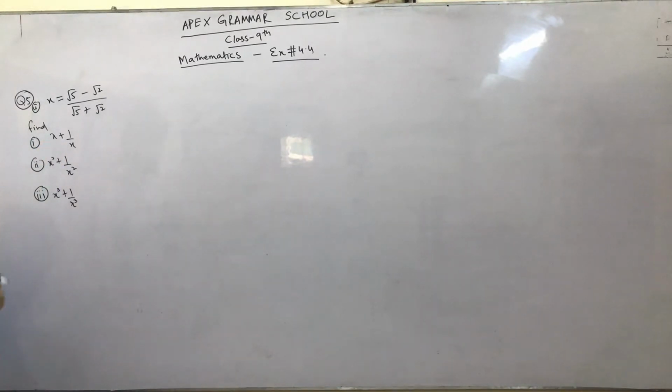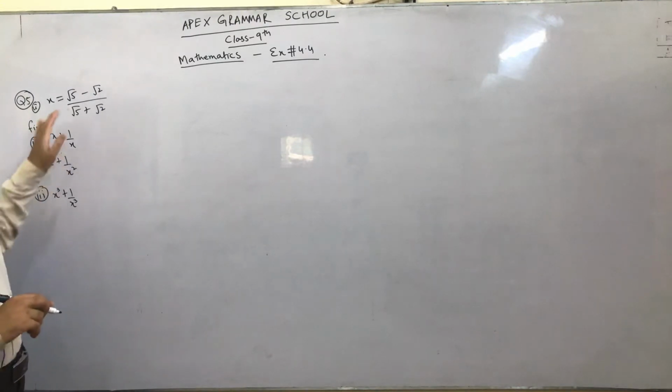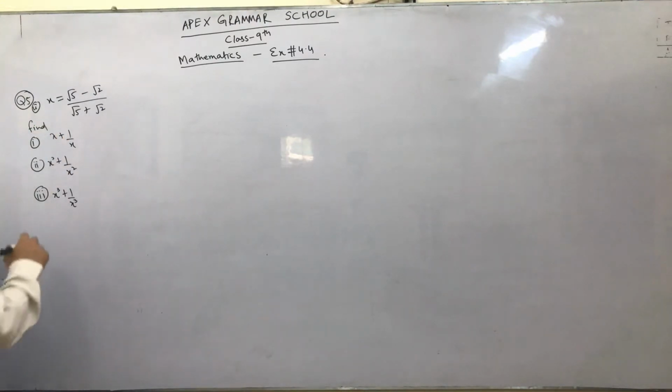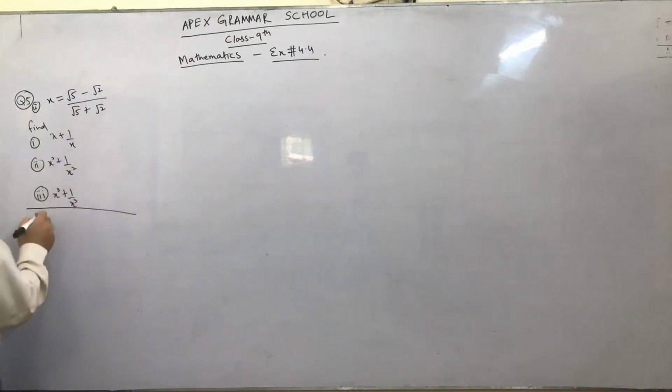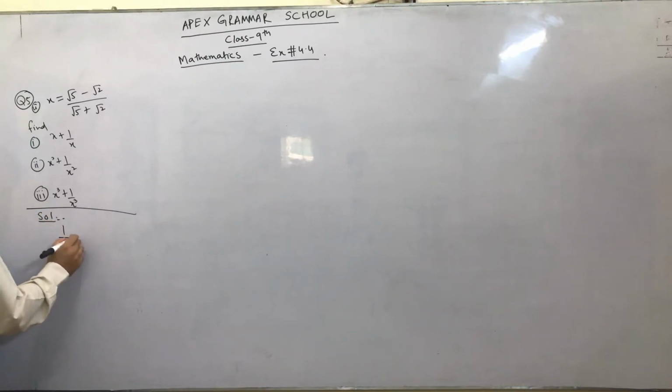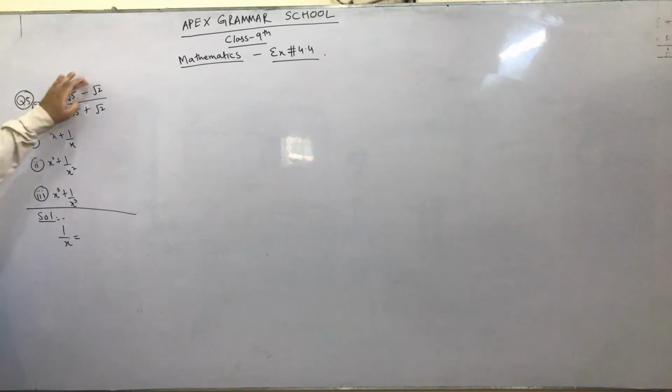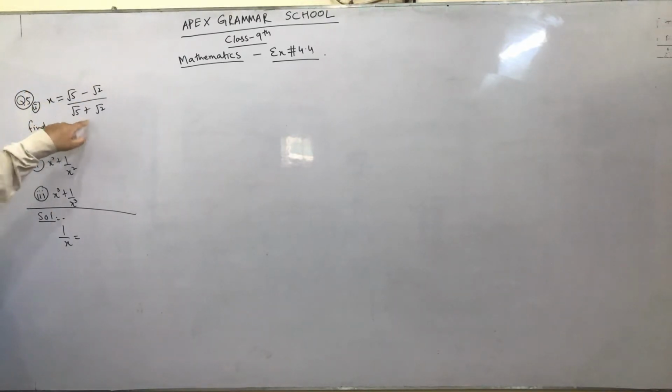Again we have the value of x here, but we don't have the value of 1 over x here. So to find the value of 1 over x, what we have to do now? If x is equal to square root 5 minus square root 2 divided by square root 5 plus square root 2, then what will be the 1 over x?